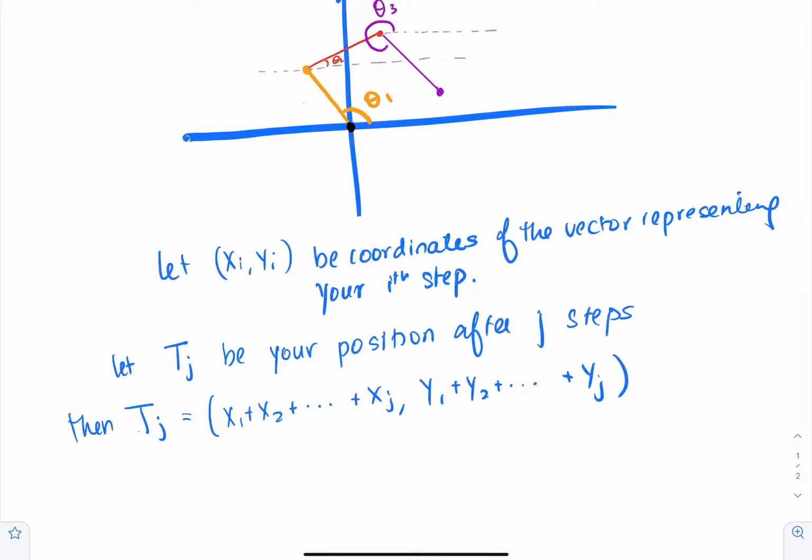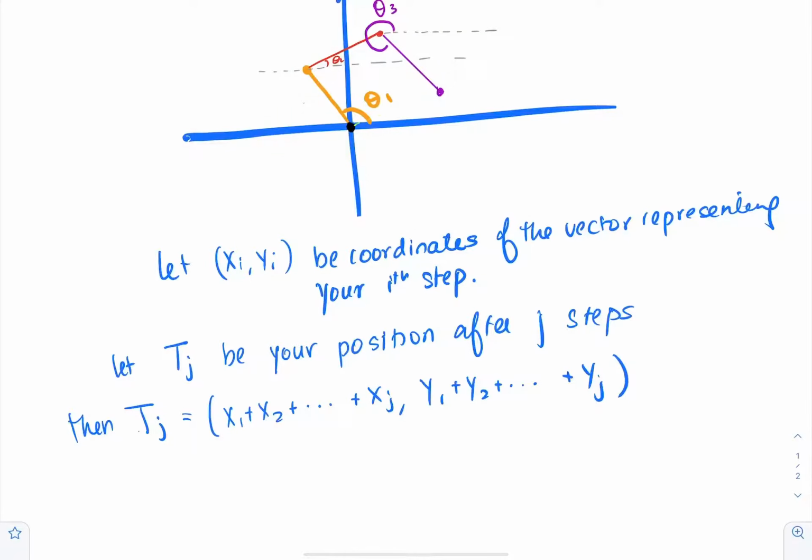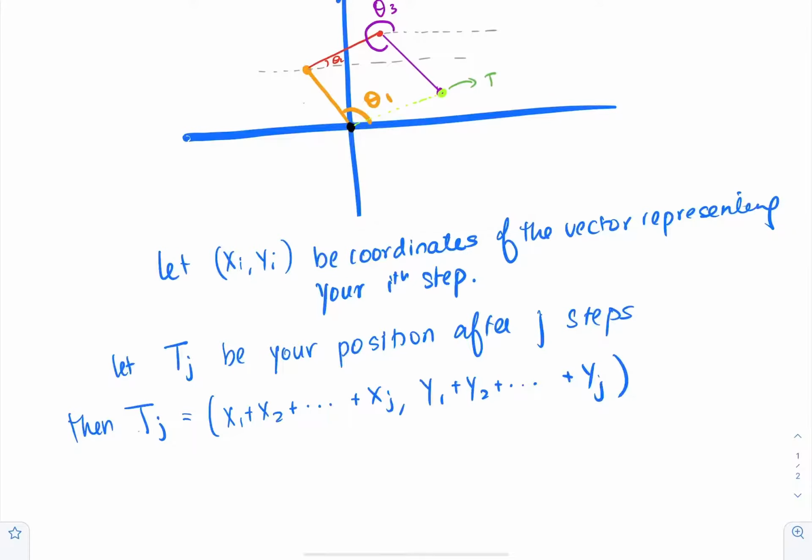Does this make sense? Okay, so in our example, what I have is this coordinate over here, that, whoops, sorry. In this example, this is T3. Whatever be the coordinates of that point, that is T3.